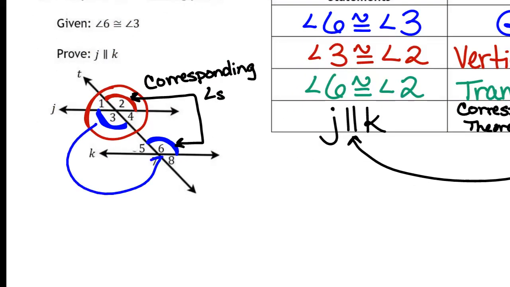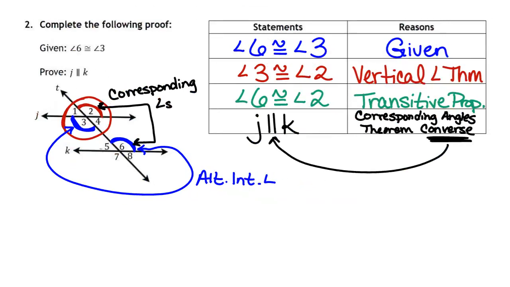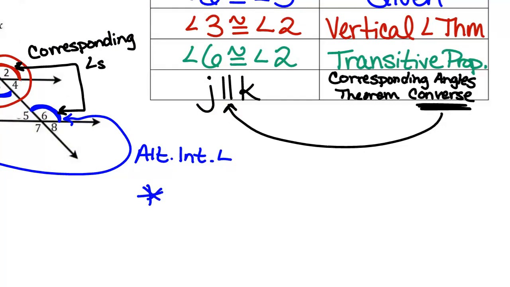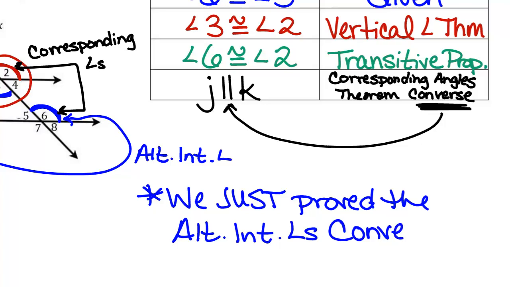What do we call that original angle pair that we were given? Angle 3 and angle 6. Alternate interior angles. We just proved the alternate interior angles converse.